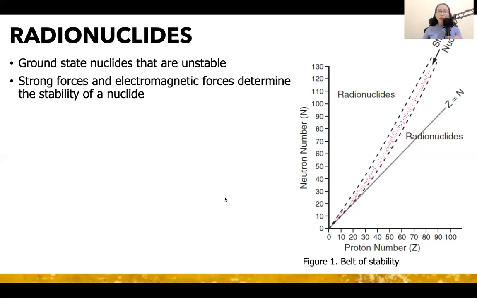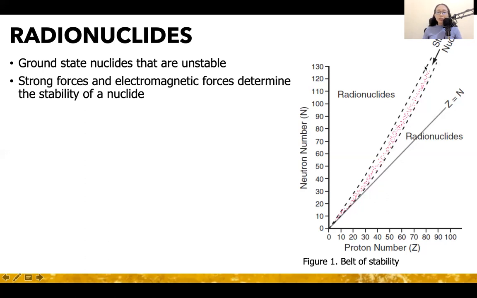Now, if we try to plot the number of protons on an x-axis and the number of neutrons on the y-axis for all known nuclides, you will see that those stable nuclides, those that do not undergo radioactive processes, form a certain belt. It is actually called the belt of stability.